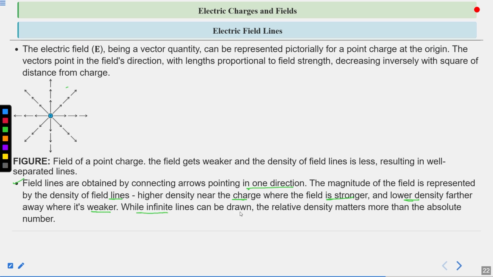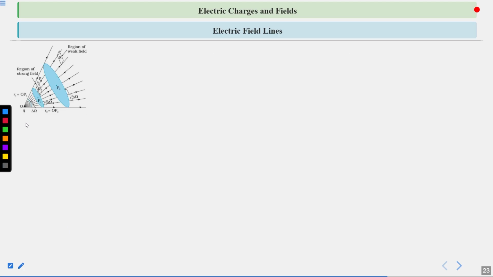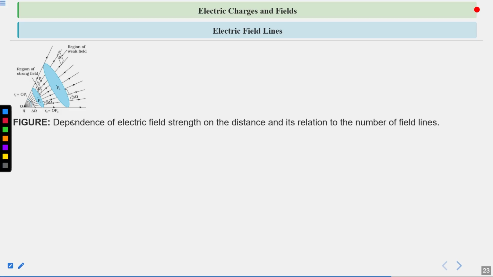While infinite lines can be drawn, the relative density matters more than the absolute number. Look at here. Dependence of electric field strength on the distance and its relation to the number of field lines. And this is the origin.